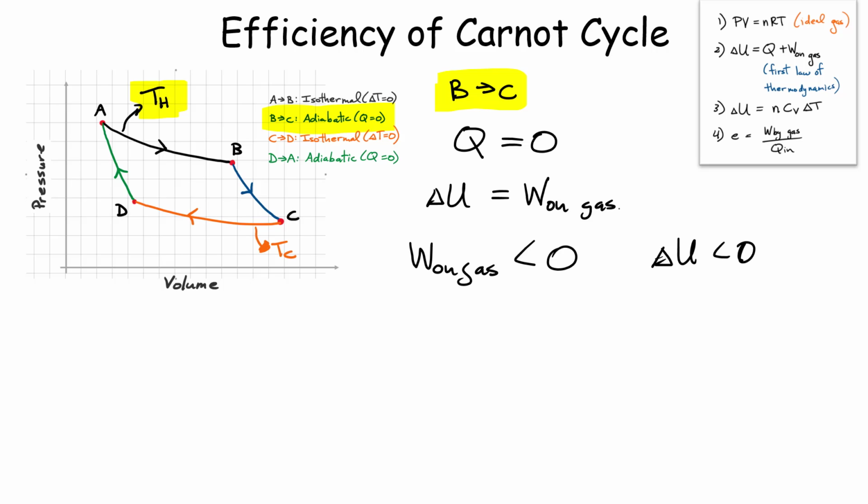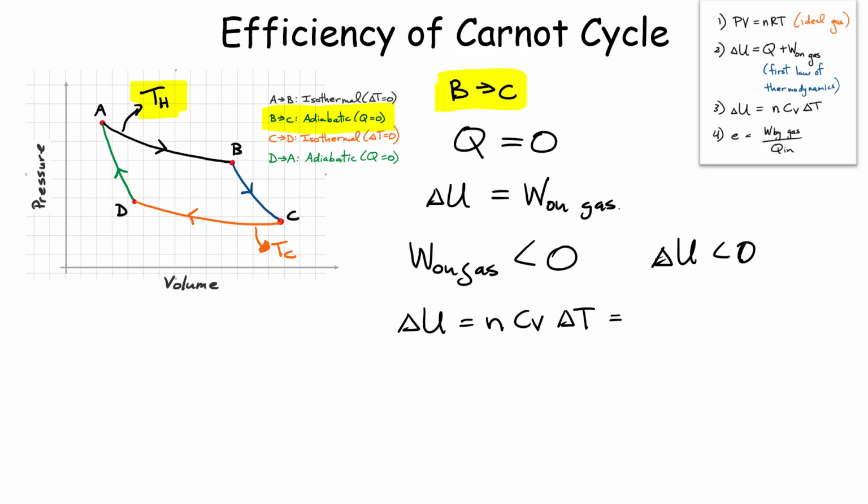So the temperature at C is going to be this TC. C in this case refers to a colder temperature than the one up above. The reason I do this is because the change in internal energy is very easy to calculate, right? The change in internal energy of a gas is simply nCV multiplied by delta T.